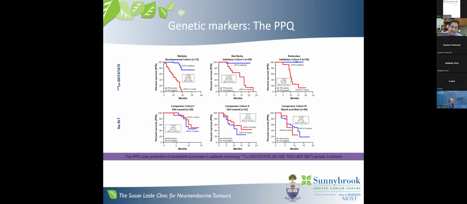The NET test is a series of genetic markers. There's 2 of them we look at, the PPQ, which has been done in some developmental cohorts in very small numbers of patients, no more than 70, specifically looking at those patients who had a positive PPQ, and showing that they seem to respond better to PRRT, but again, these need more prospective validation.